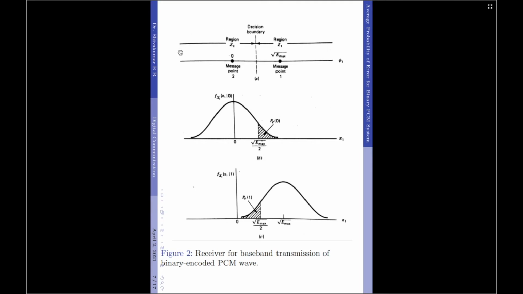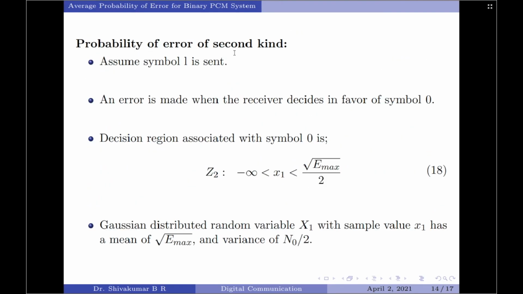So, this is actually the boundaries for the decision region Z2. That is what we have represented here. You see, Z2 varies from minus infinity to root of Emax divided by 2. So, if the received signal point x1 has a value anywhere between minus infinity and root of Emax by 2, then the decision is always made in favor of symbol 0.